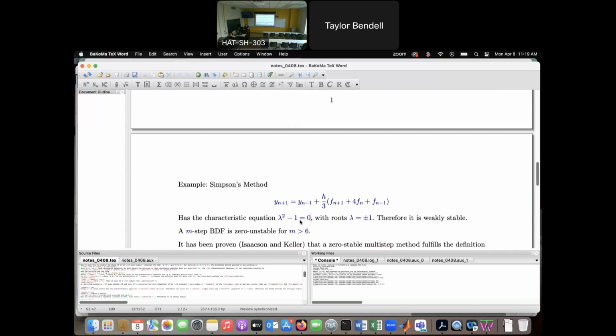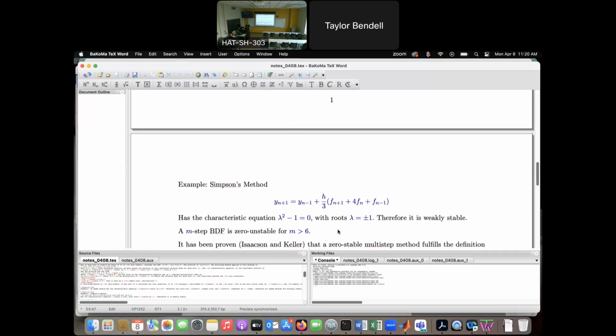Also, it can be shown that if you have an m-step BDF, and m is greater than 6, then it does not meet the condition for zero stability. So all BDFs with order greater than 6 are zero unstable. Maybe you see the proof of that.